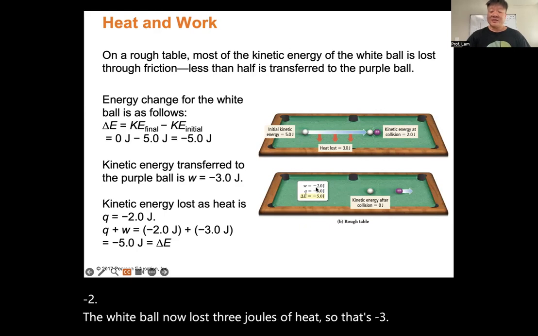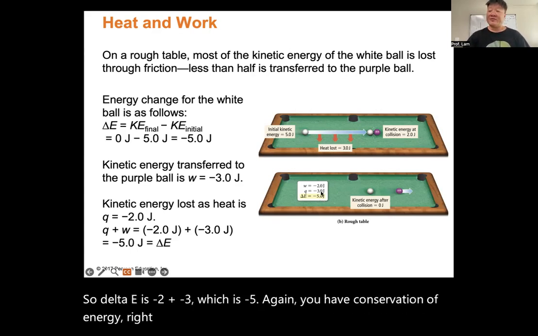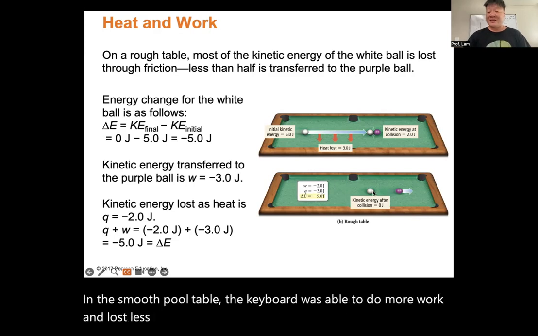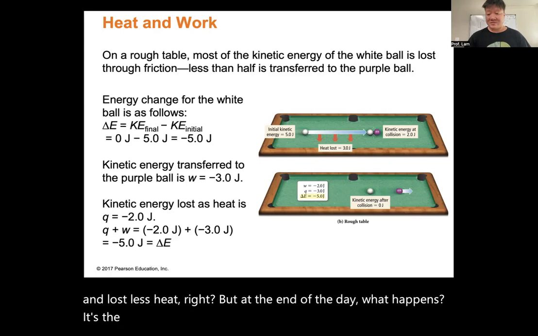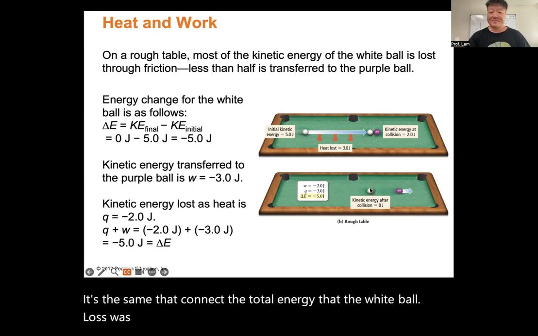So delta E is negative 2 plus negative 3, which is negative 5. Again, you have conservation of energy. But they're partitioned differently, aren't they? In the smooth pool table, the cue ball was able to do more work and lost less heat. But at the end of the day, it's the same. The total energy that the white ball lost was 5.